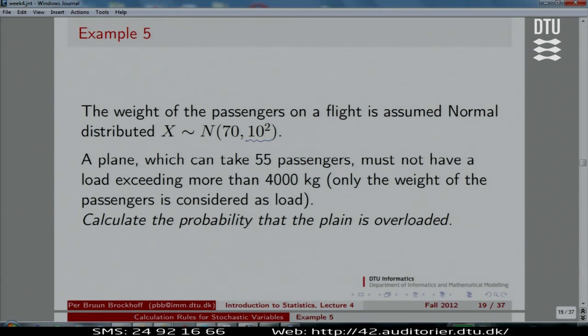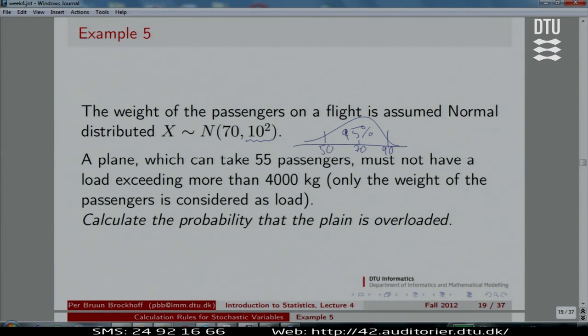That is the model of the world now. People come with an average of 70 kilos, with 95% of people being between 50 and 90 kilos. 2 standard deviations to each side is 95%. That's what I told you last time, the feature of the normal.